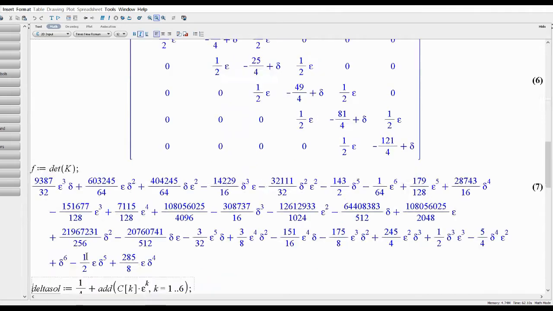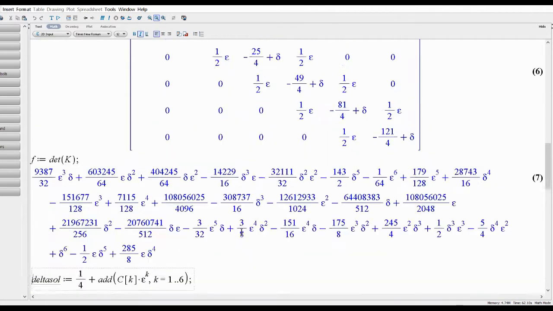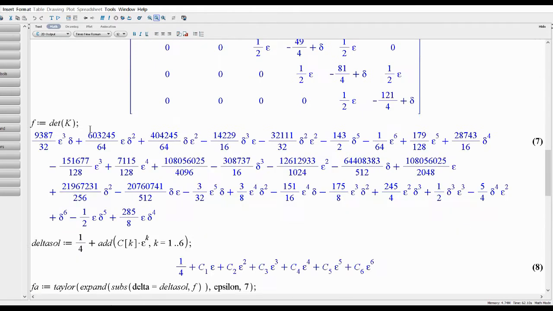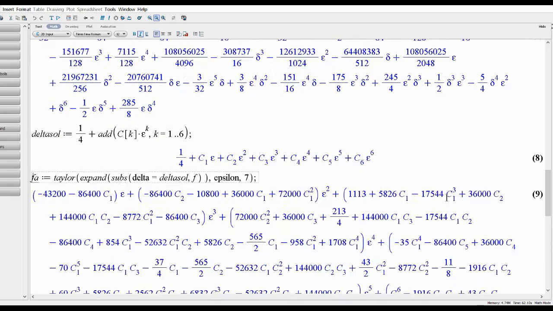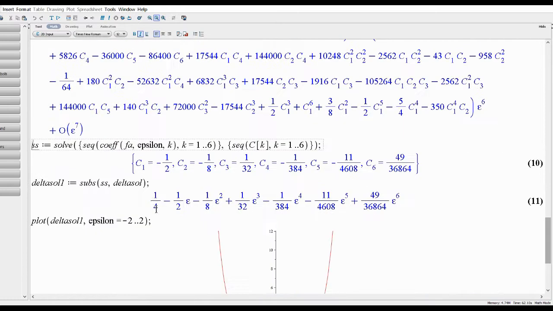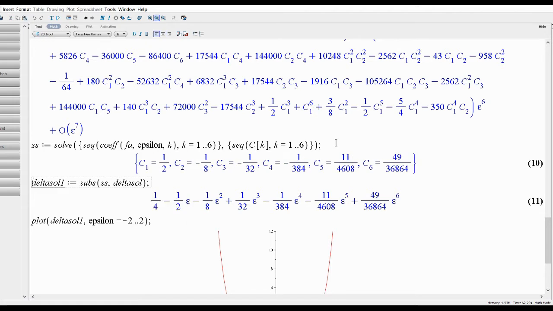So here is the determinant, and once again you see there is, with the sine also, around delta equals 1/4 then 9/4 there are expansions. So over here if I put delta equals 1/4, I want you to remember something. Previously I had a quarter, 1/4 minus half epsilon. That is what will change. You see now it is 1/4 plus half epsilon.